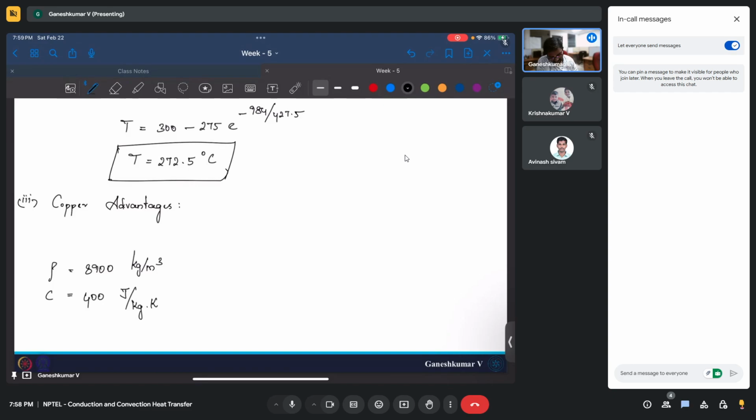So let's say the diameter is kept the same, so diameter is 75 mm. Now I have an aluminum ball, and this is copper.